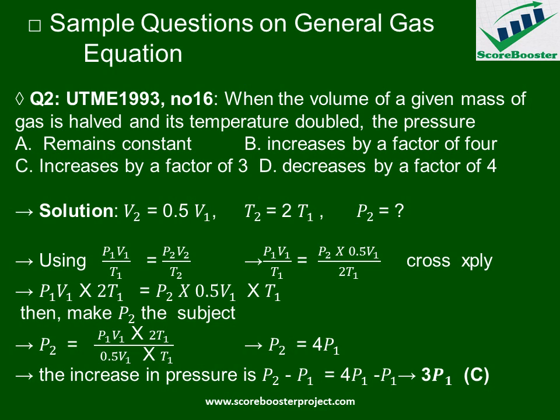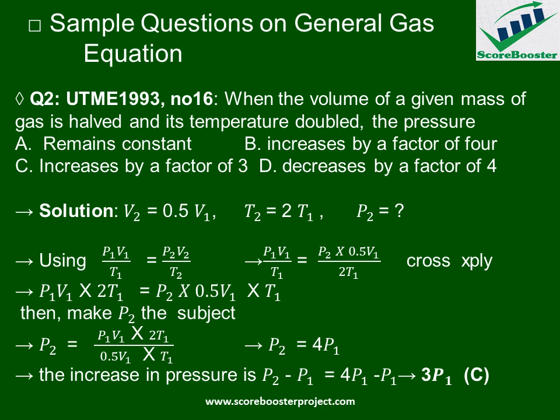Now to the solution. The first step is to write out the given parameters, and from the question we are told that the volume is halved. That means the final volume is half of the initial volume. Therefore, the final volume V2 will be equal to 0.5 V1, that is, half of V1.